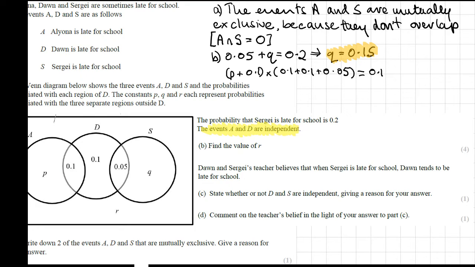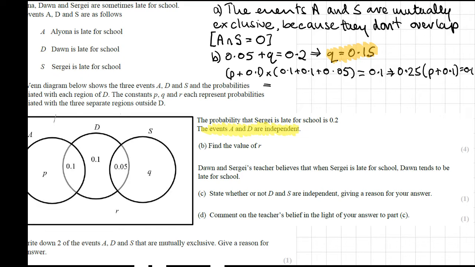So let's simplify this equation here so we can solve it. I can write that as 0.25 times by P plus 0.1 is equal to 0.1.